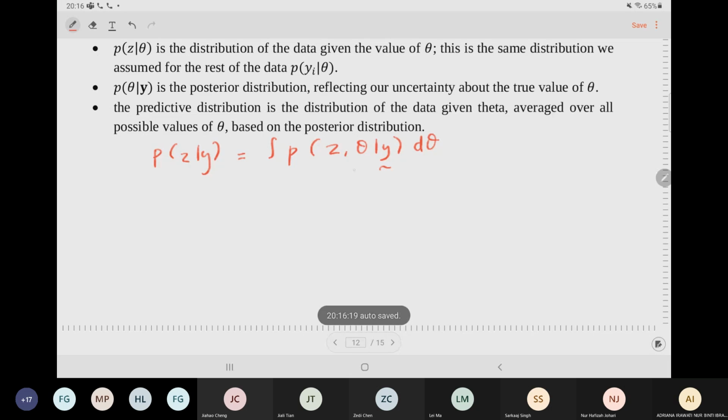And how do you actually find this, the joint posterior of z and theta? In theory, you have the three together, then you divide by p(y).